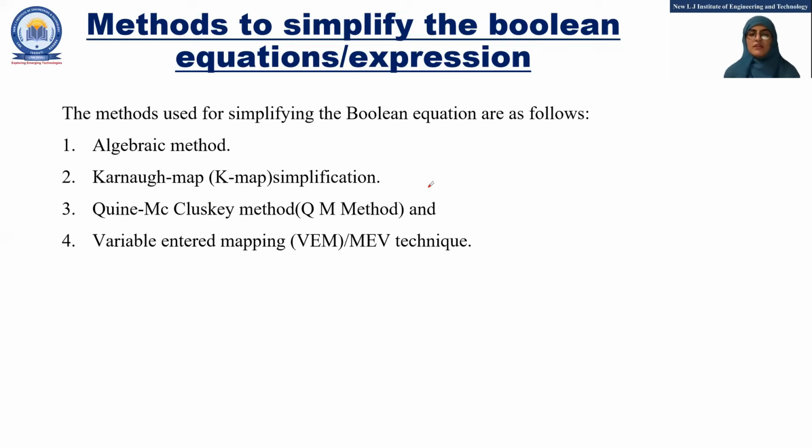We need this simplification to realize the circuit using a minimum number of gates. The algebraic method is our simple Boolean algebra, which was covered in module 1. The K-map method will be covered in the next video. Thank you.